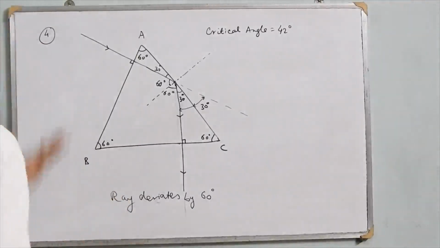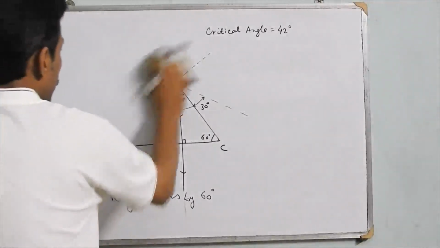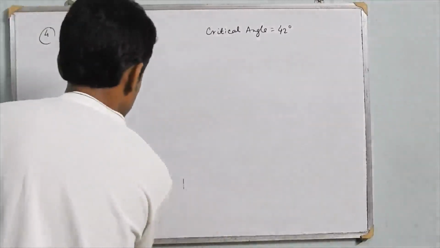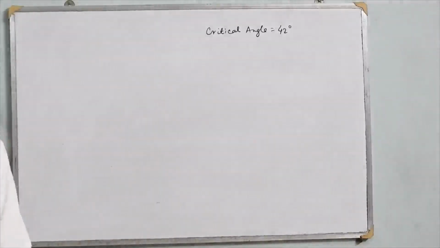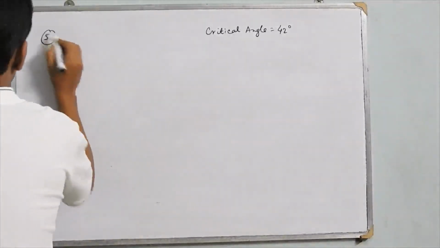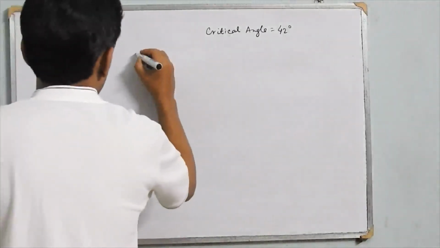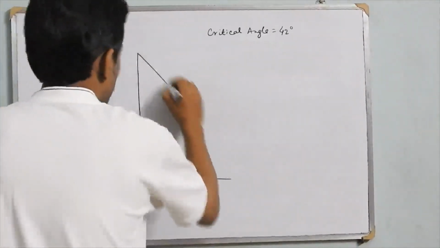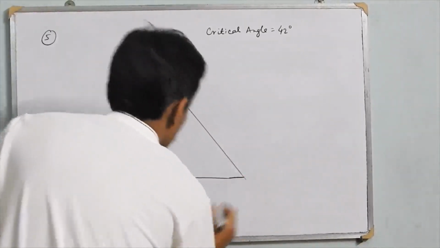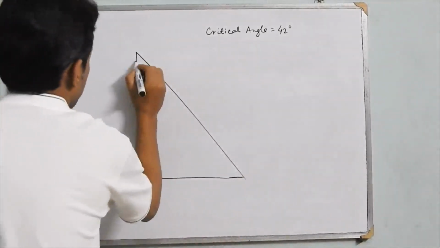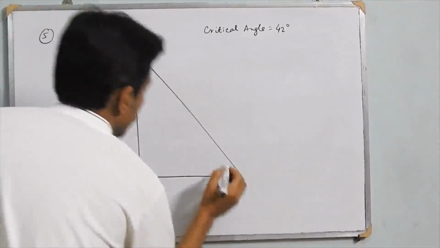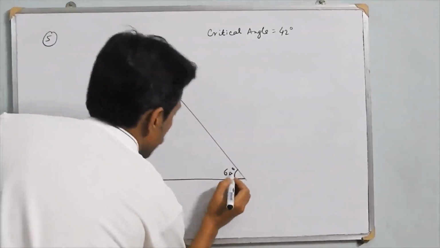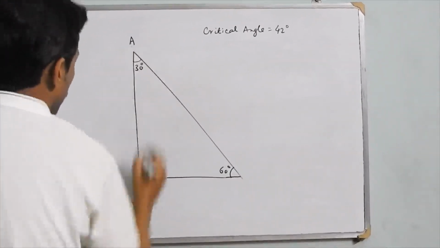And let me say that the same critical angle, that is 42 degree between air and glass. So let me consider this type of prism. This is not a right angle isosceles prism. Suppose this angle is 30 degree, this angle is 60 degree. Suppose it is a prism ABC.